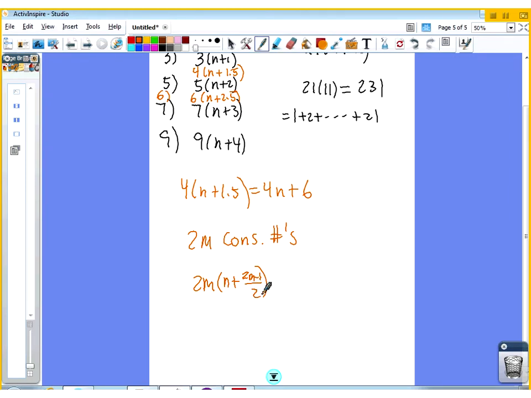Yeah, I think that would work, right? Because if you look at our pattern, we always take 1 less than this number: 6 minus 1 is 5, divided by 2 is 2.5. 8 minus 1 is 7, divided by 2 is 3.5. So if we take our number, 2m, I don't know if you can see that.